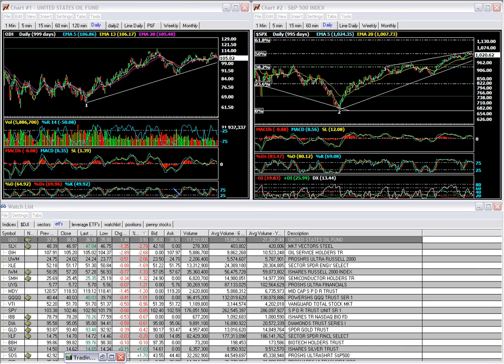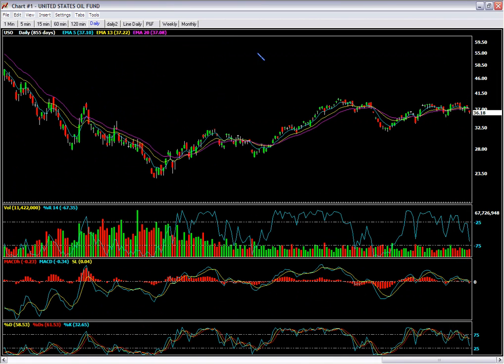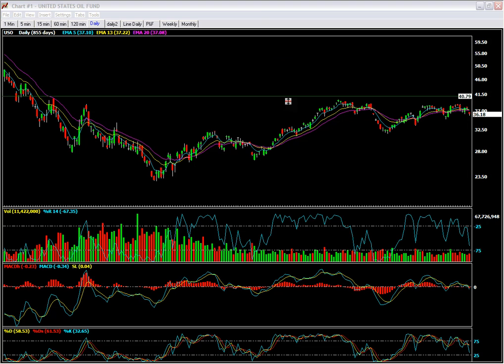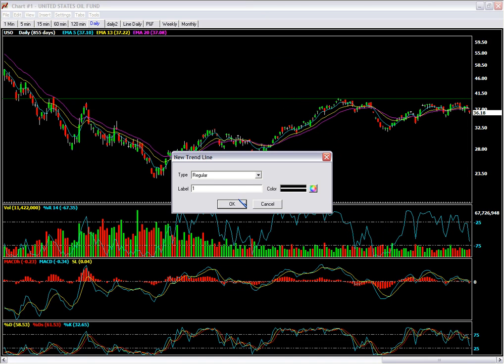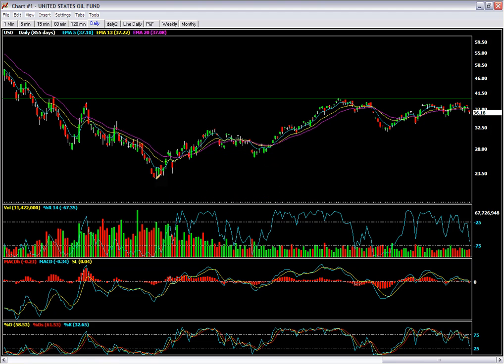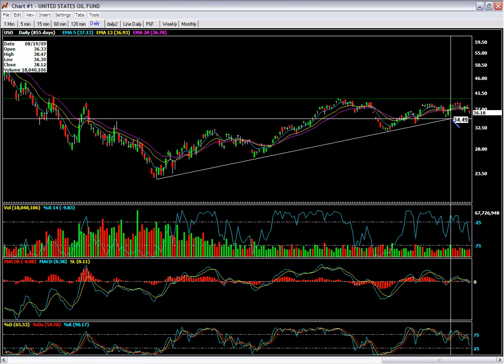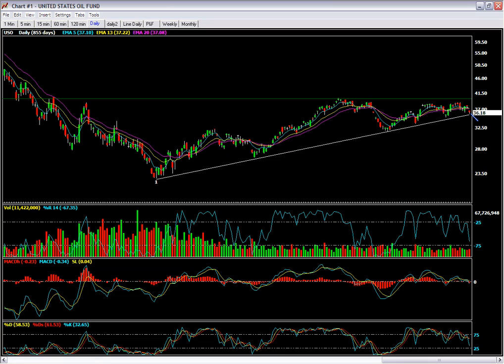If we look at the USO, it's somewhat the same pattern, and we do the same uptrend line, and it's right there. We're just going to have to see what happens tomorrow with the oil and see what the movement is.